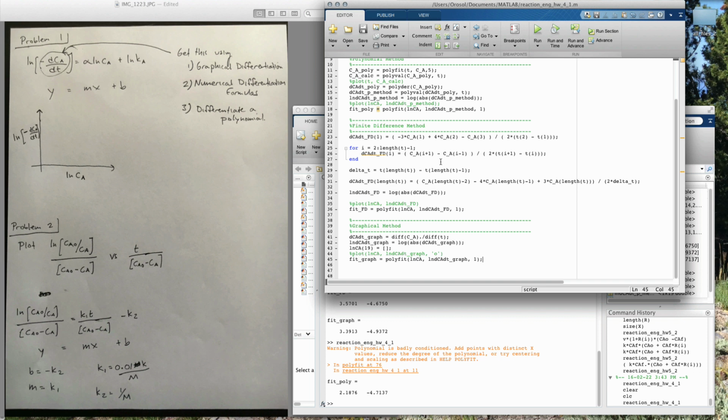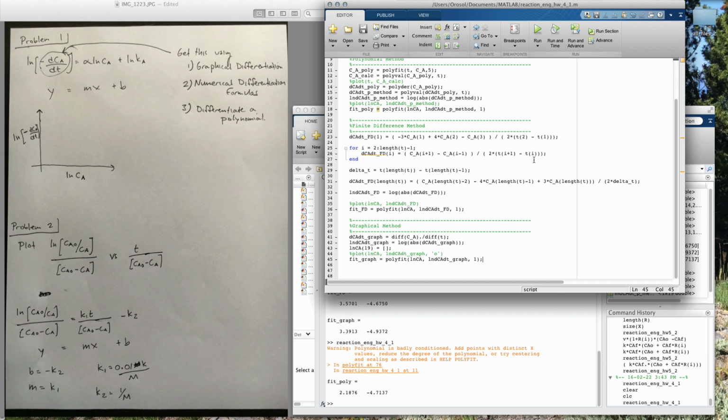If you look at the formula, you'll see that CA is always going to be the point that you're looking at plus 1, and this is always going to be the point that you're looking at minus 1, so that's how I got that. And the reason I put in the t's like this: the other thing with the finite difference method is you normally want evenly spaced data, and so normally you could just calculate what delta t is and put that in for everything.